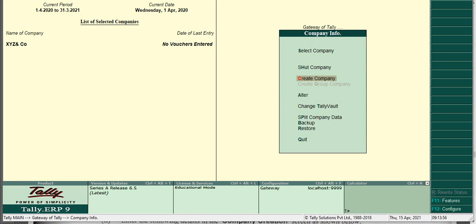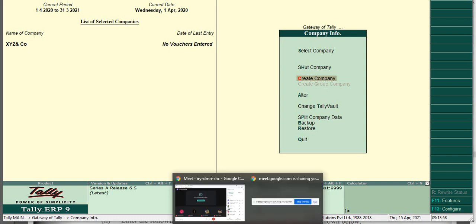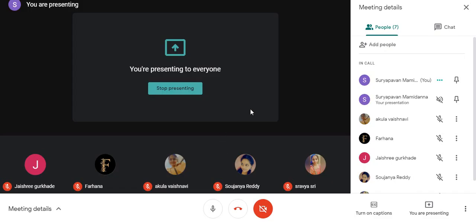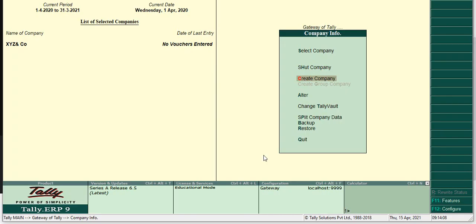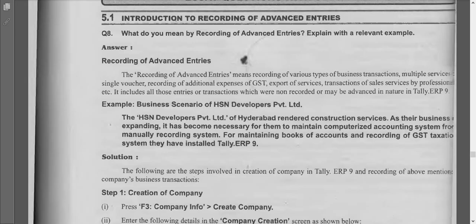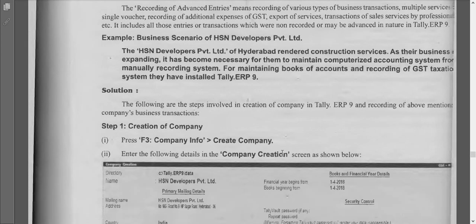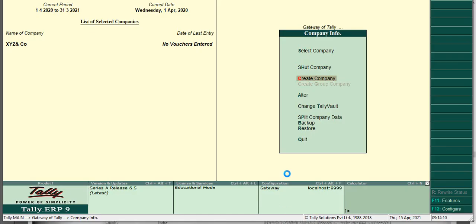Create a company with details, HSN Developers Private Limited.